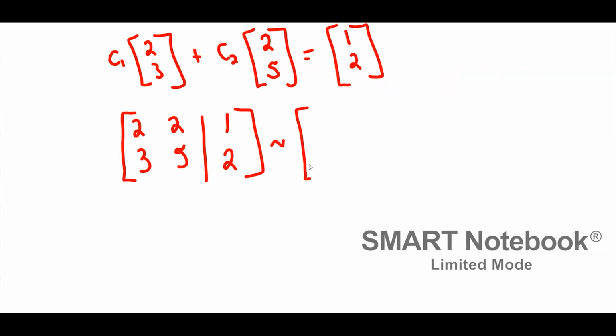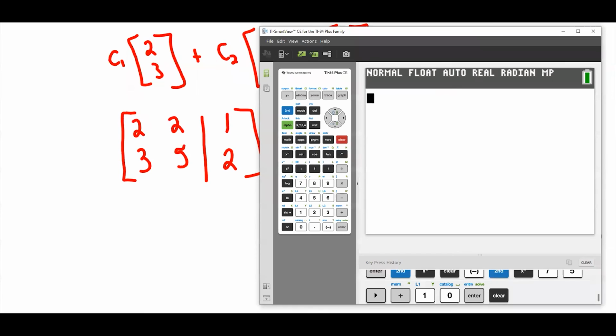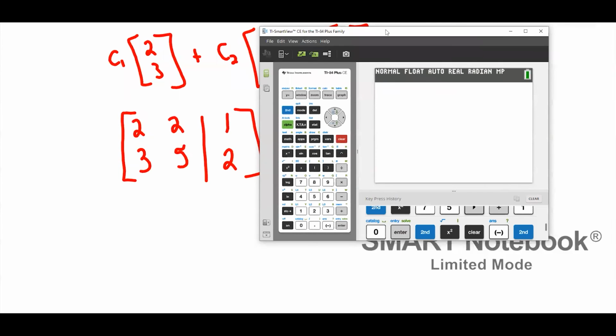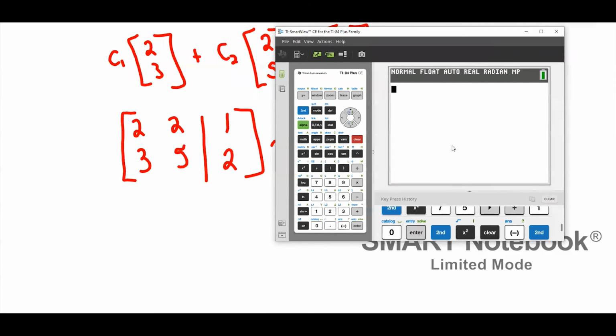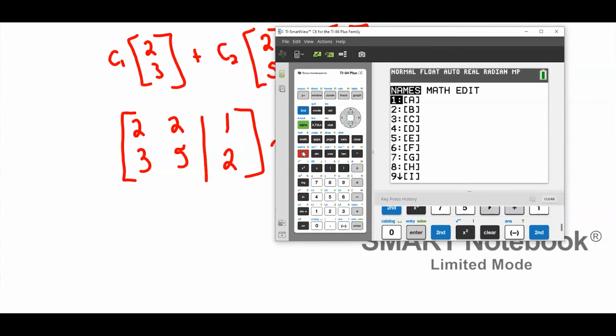So this is a good spot to go over how to do this in the calculator if you've forgotten. So I'm just going to, let me make this smaller. I'm going to plug this into the calculator and row reduce it. So I'm going to use the matrix menu. I'm going to edit.